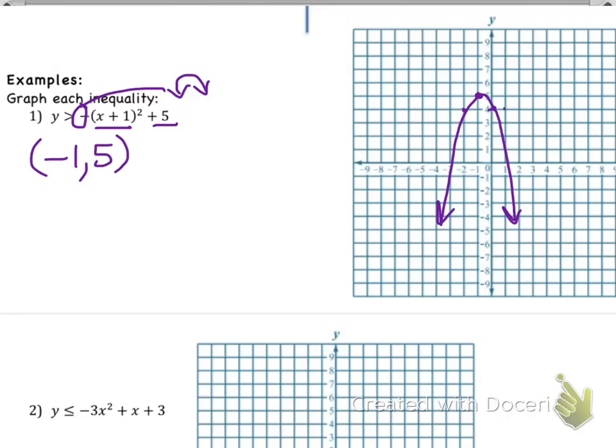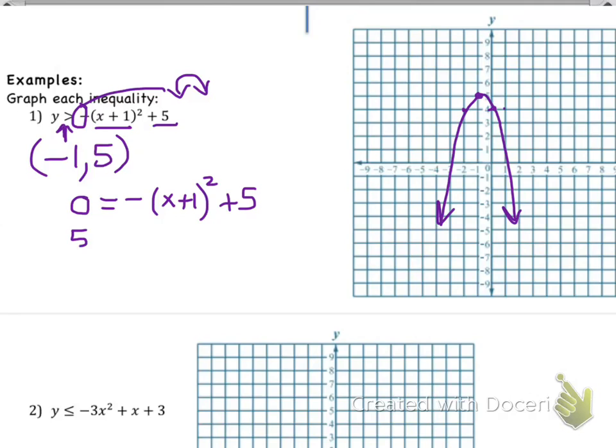We probably should figure out what the x-intercepts are. Okay, so let's go back and algebraically solve. How do we find x-intercepts? Oh yeah, we set y equal to 0. There isn't an equal sign in the inequality, but just to solve for what the zeros are, I'm going to go negative (x plus 1) squared plus 5 equals 0.